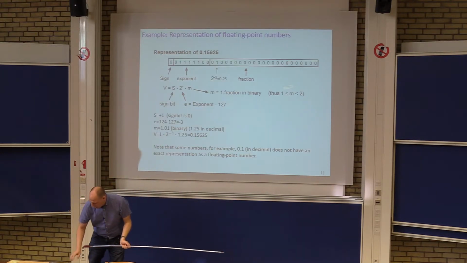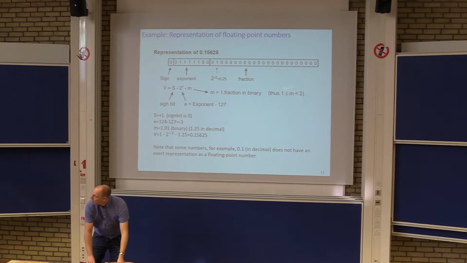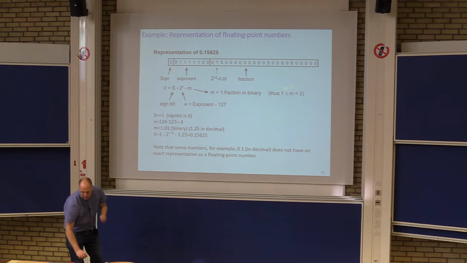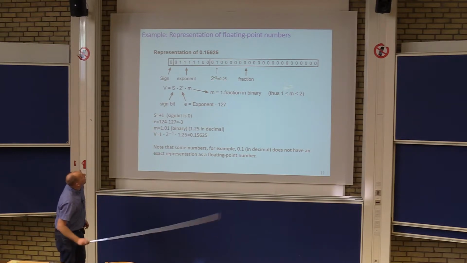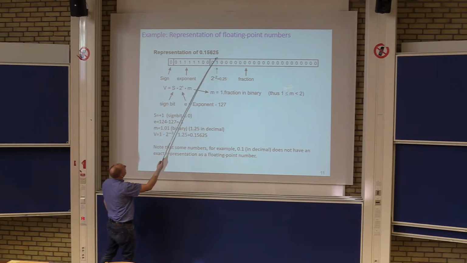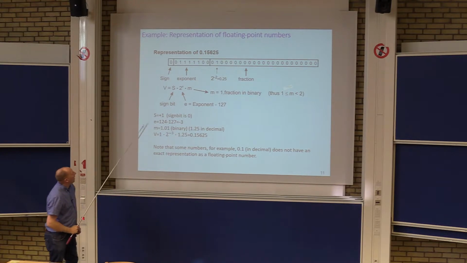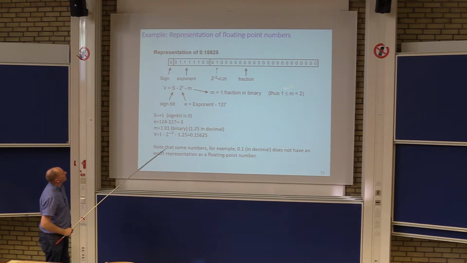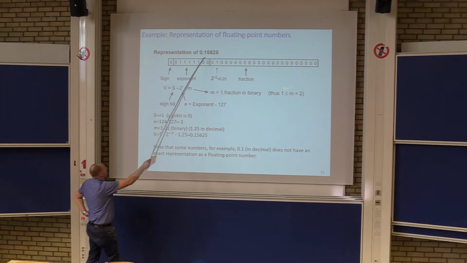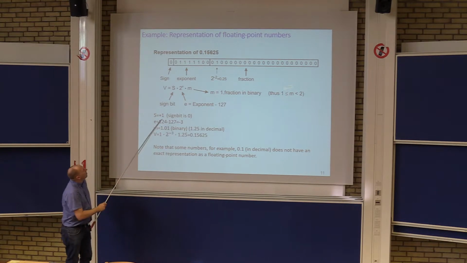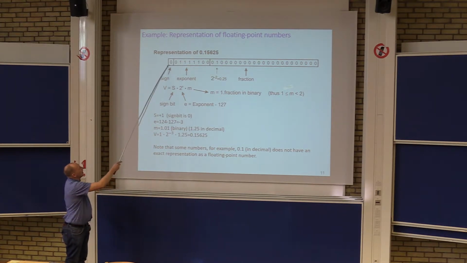So, if we look at a concrete example of representation, when we would like to represent this number, and now it's in single precision. So, this is a positive number. So, for positive numbers, the sign bit is 0.